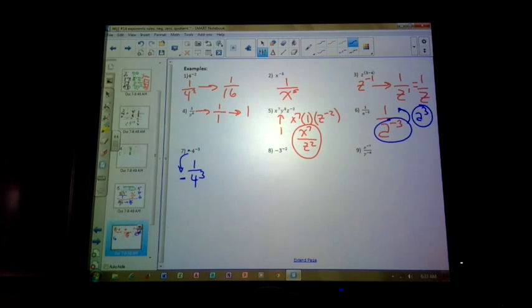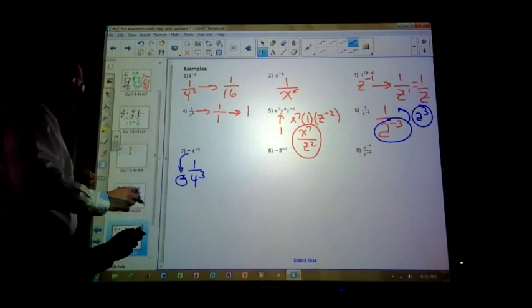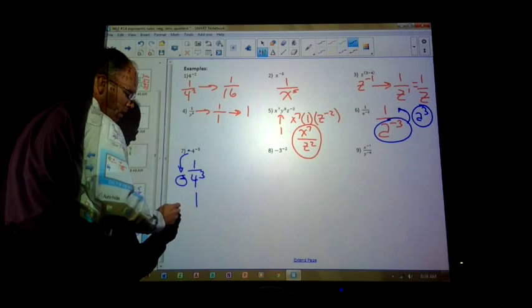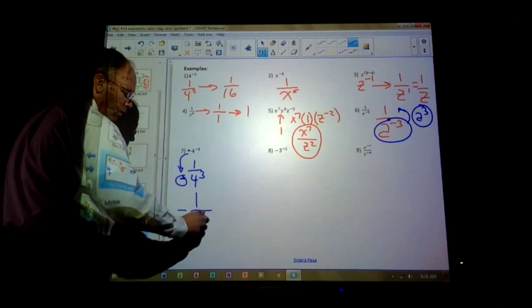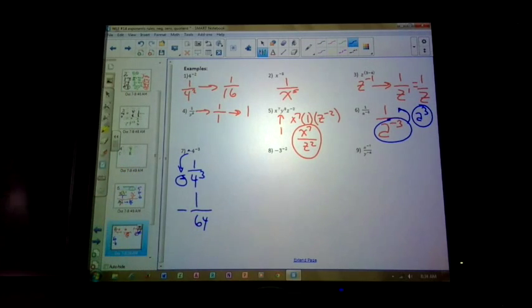Now 4 to the third, anyone have a shot at what that might be? 64, I like it. Because 4 times 4 is 16. 4 times 16 is 64. This negative wasn't grouped in any way. It just needs to come along for the ride. So this is going to be negative 1 over 64. That was a tougher one.